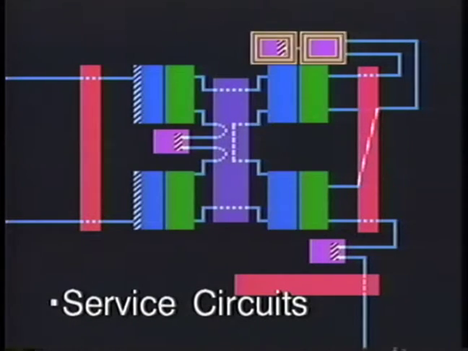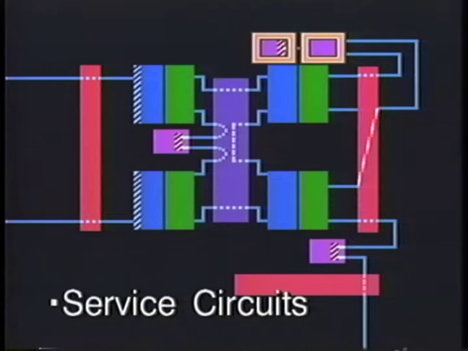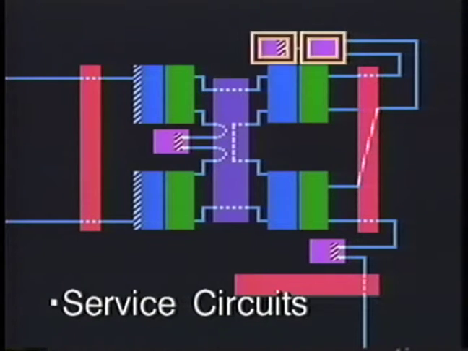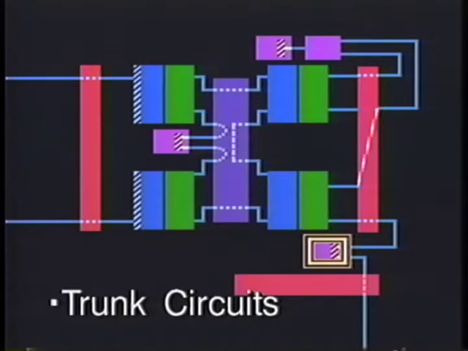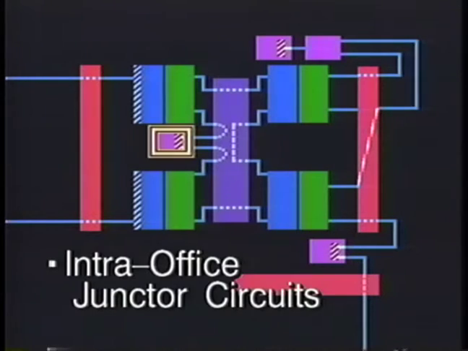The service circuits. They are special trunks that perform call processing functions such as generating dial tone and ringing. Other circuits used in the analog switch include trunk circuits, which terminate inter-office trunks, and intra-office junctor circuits, which connect calls within the same office.